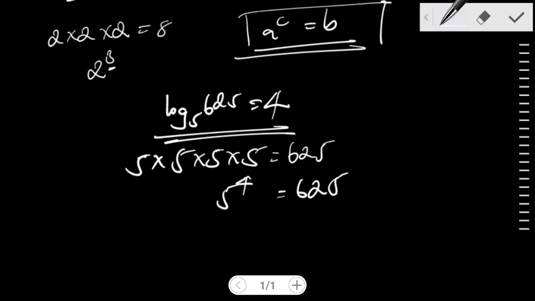This is how I can explain logarithms, so maybe you can now understand it better.